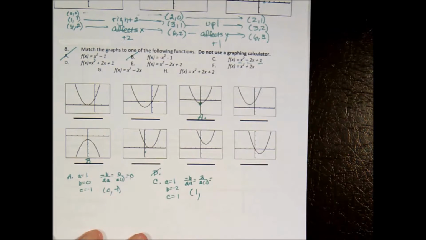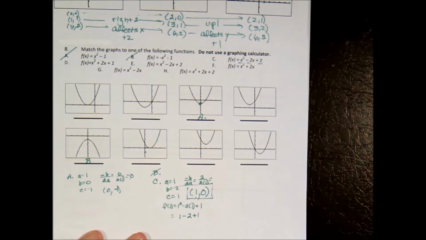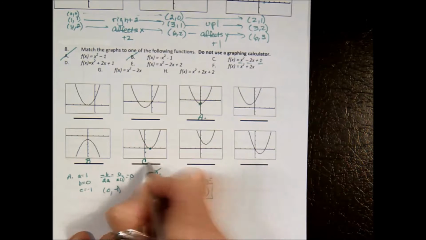Now I need f of 1, so I'm going to go up here, and f of 1 is 1 squared minus 2 times 1 plus 1, or 1 minus 2 plus 1, which is 0. So now I'm looking for the one whose vertex is at the point 1, 0. The only one that's at the point 1, 0 is right here, so I know that this one has to be C.